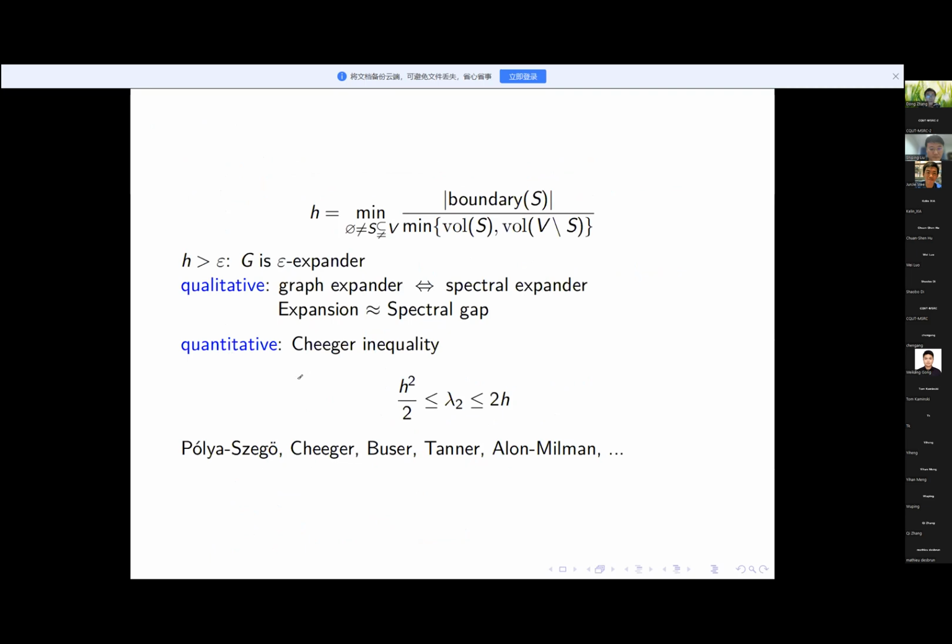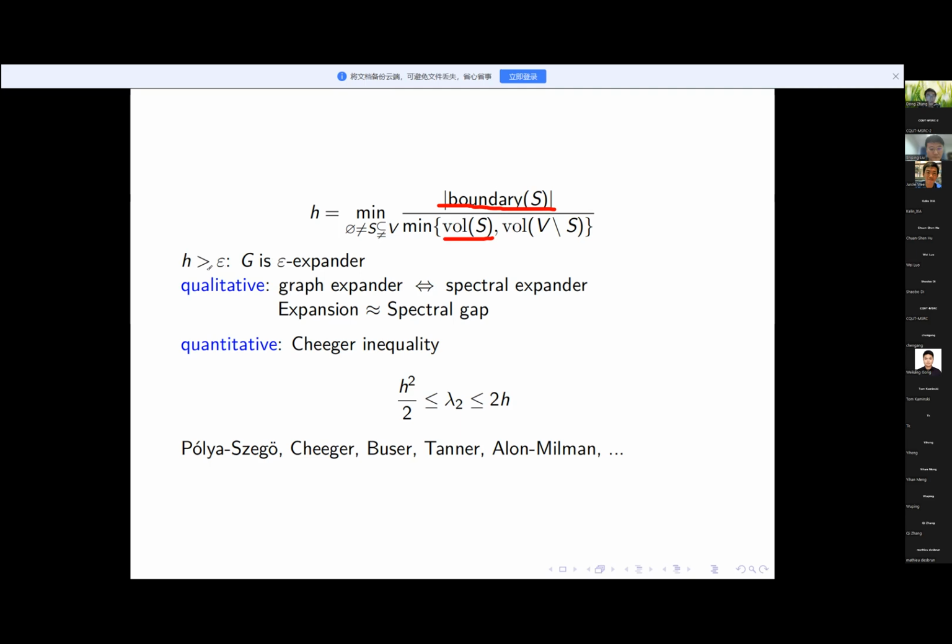The Cheeger constant is a combinatorial minimization. Here the boundary of S means the number of edges that cross S and its complement, and the volume of S is the sum of degrees of vertices in S, and the minimization is taken over all non-empty subsets S of V, and we say G is a graph epsilon expander if h is larger than epsilon.